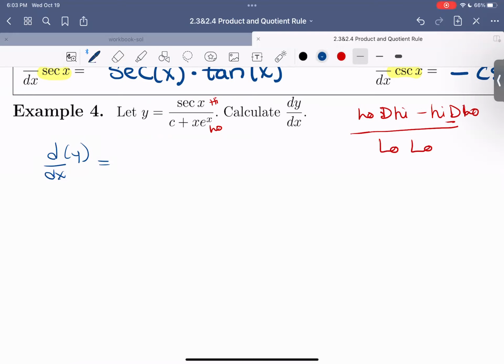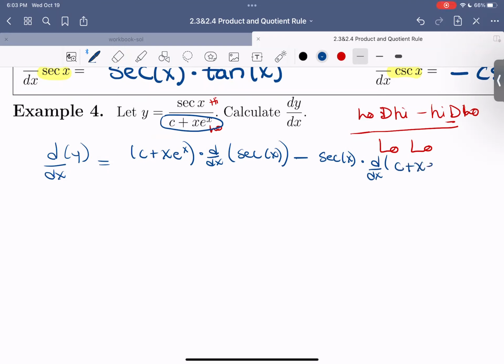So our low function here is c plus x e to the x times the derivative of secant x minus high function secant x times the derivative of our low function, c plus x e to the x, all over c plus x e to the x squared.